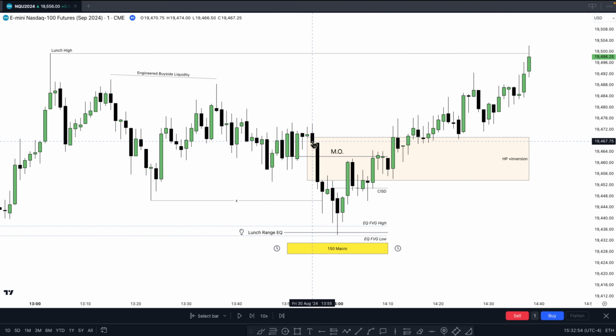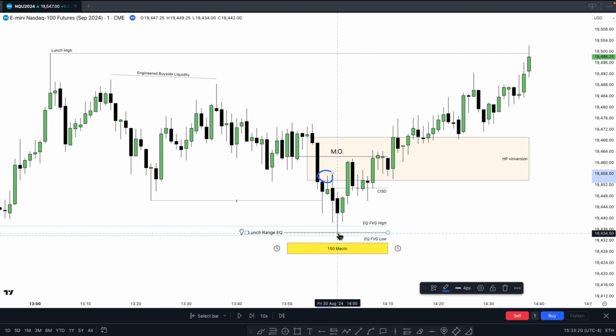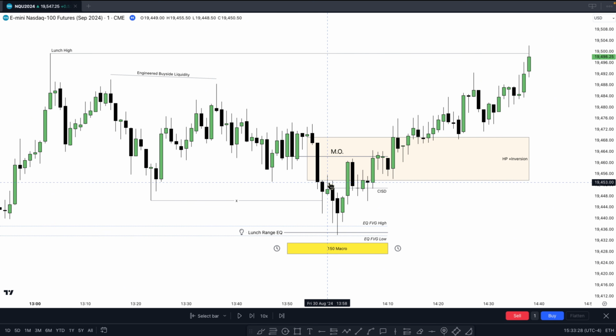And then these 2 consecutive down close candles that were used to go lower and complete the manipulation, delivering to this equilibrium fair value gap and this lunch range equilibrium level. After that manipulation has taken place, we're going to close back above that and see how we utilize this SIBI and these consecutive SIBIs right here to push us down once more to deliver to that equilibrium fair value gap. Even though it was a quick move and this is the small fractal price in a 1-minute chart, that is still its initial state of delivery.